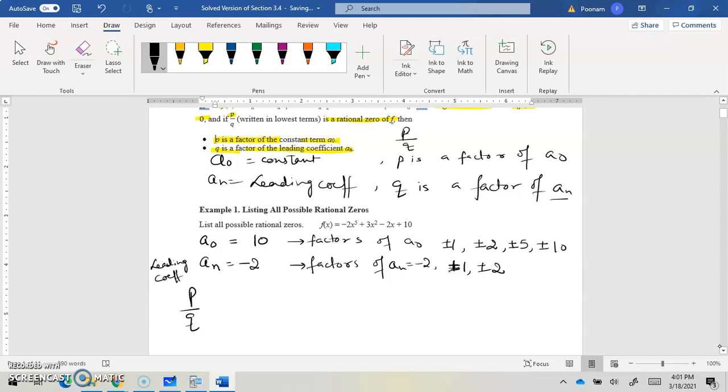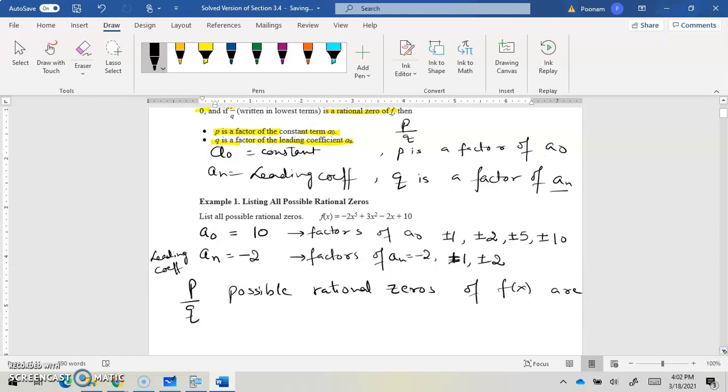The possible rational zeros of f of x are: plus minus 1, or plus minus 1 by 2, or plus minus 2 by 1, which will be 2, or plus minus 2 by 2, that will be 1.